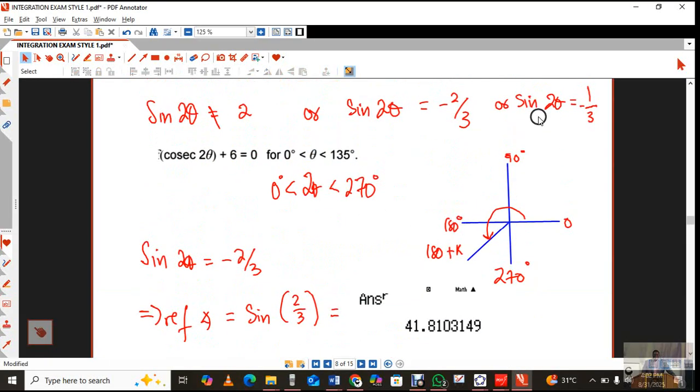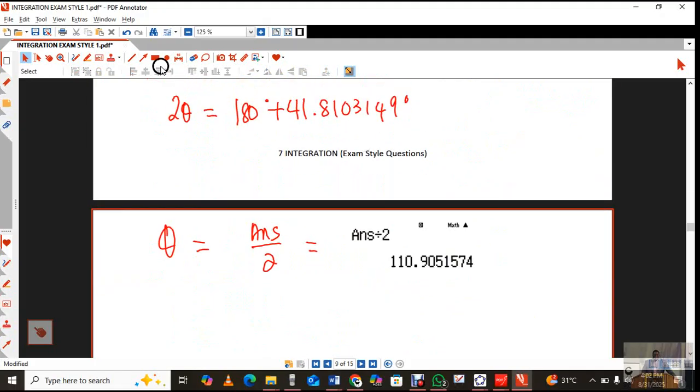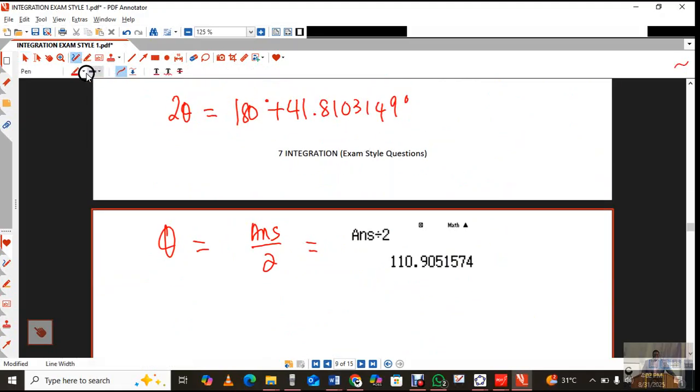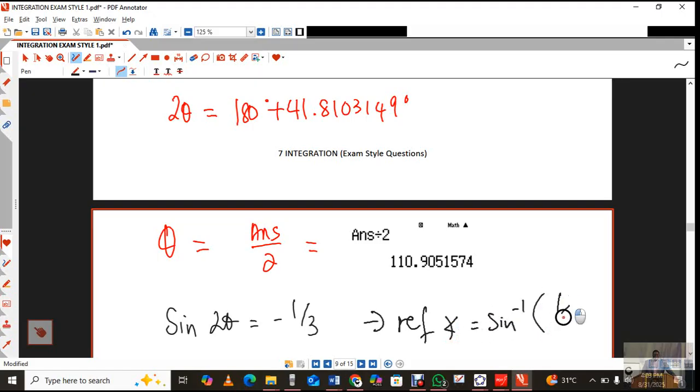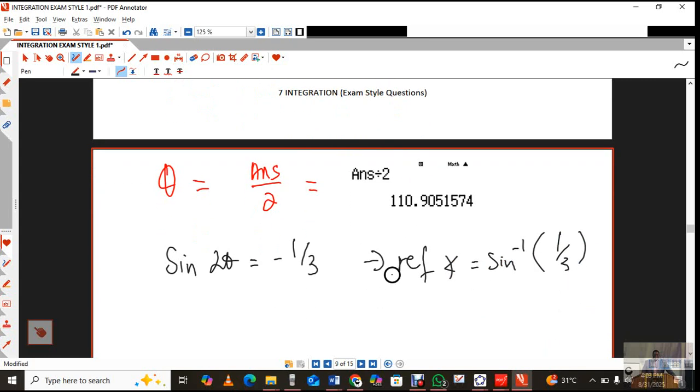If we take the second condition, sine 2 theta is equal to negative 1/3. If we say sine 2 theta equals negative 1/3, our reference angle K is the inverse sine of the positive one. Remember, that is what we're going to add to 180, because it's also negative in that quadrant, so we must add.